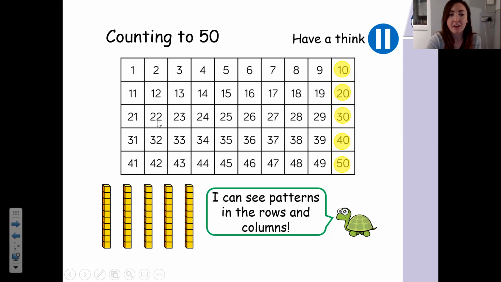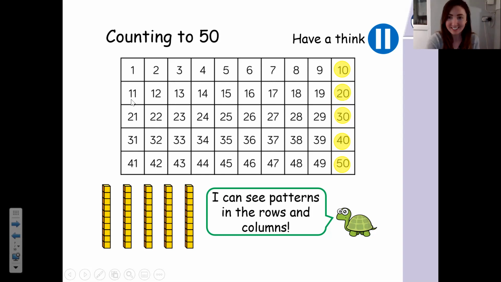So this row, there are 2 tens in all of these numbers up until we get to the end. In this row, there's 3 tens all the way across until we get to 40. This row, there's 4 tens all the way across until we get to 50. And of course, in the first row, there's no tens until we get to 10. So the tens stay the same apart from the last number where it goes up to the next 10.